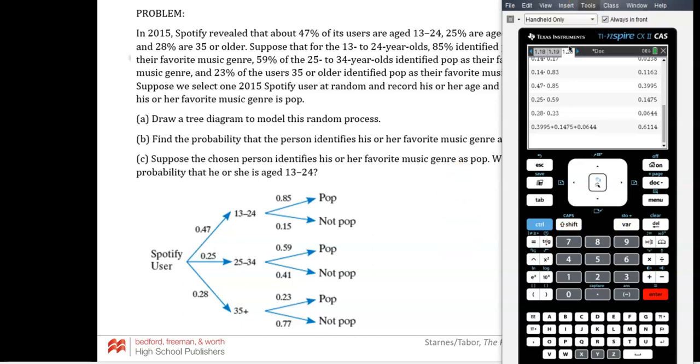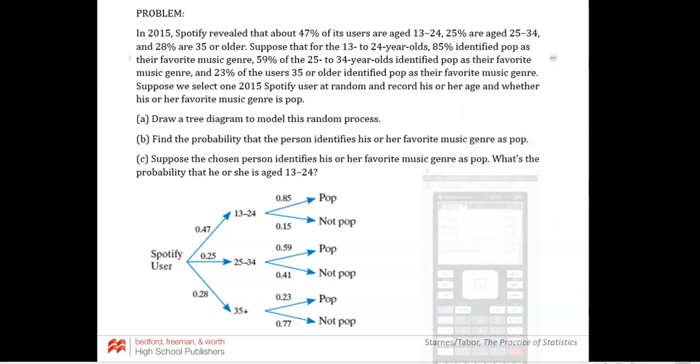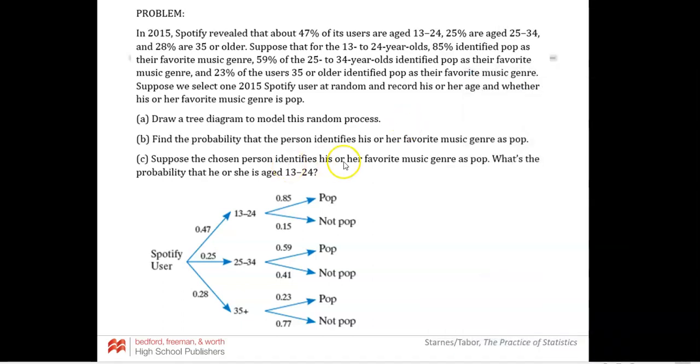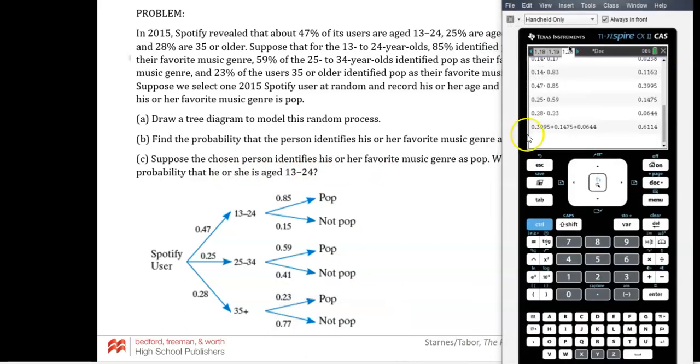Okay, and so you would use that. Suppose the person identifies his or her favorite music genre as pop. Out of those 61%, what's the probability that is age 13 through 24? To get this, we already figured out the 13 through 24 was 0.47 times 0.85, that one.